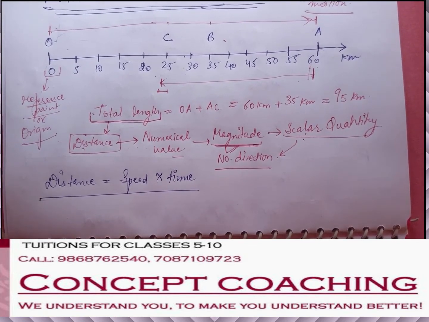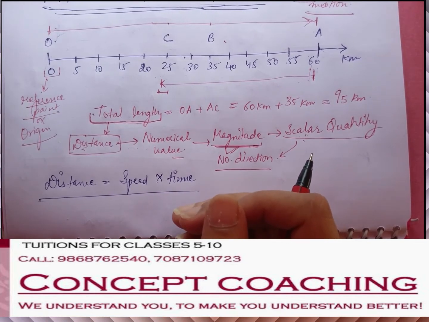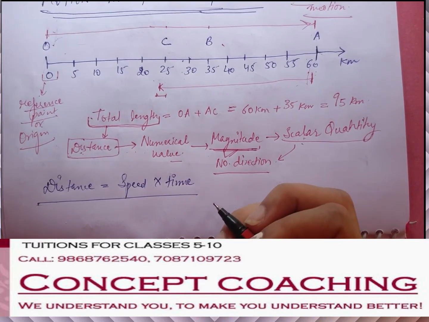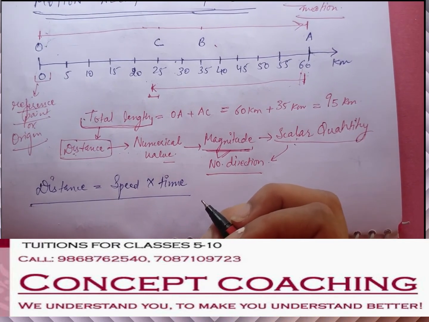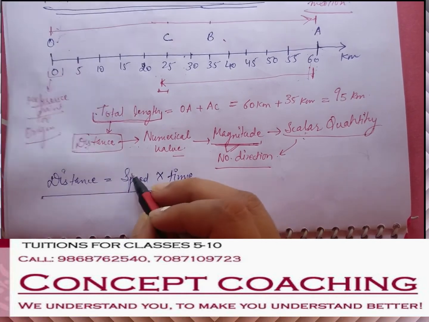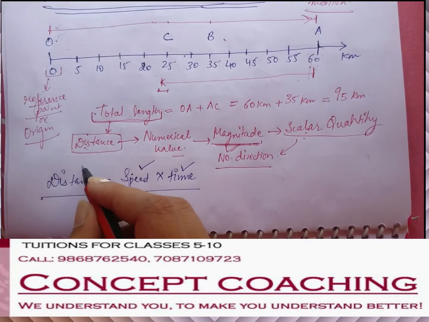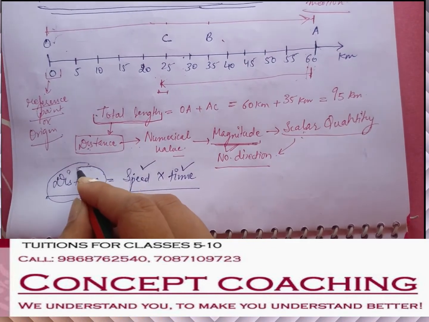Basically, the speed of an object when it is moving, when it is multiplied by the time taken for that object to cover a certain distance, when we multiply these two quantities, that is the speed as well as the time, we get the distance of that particular object.